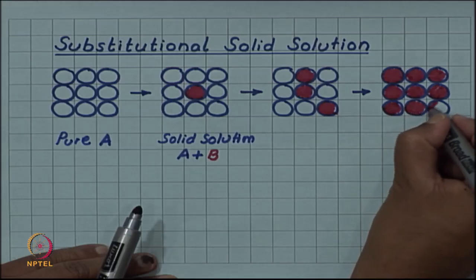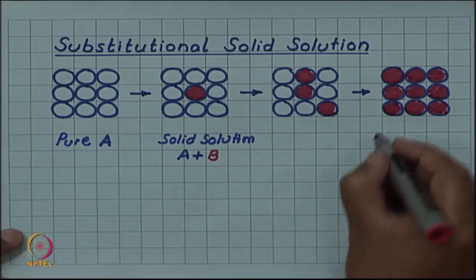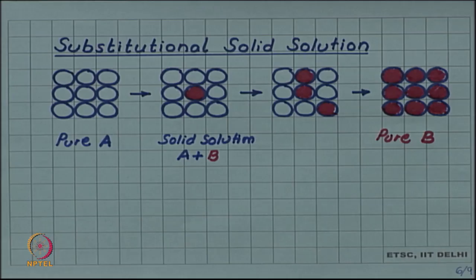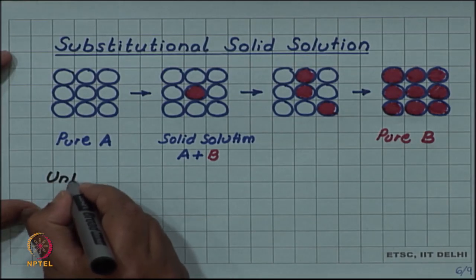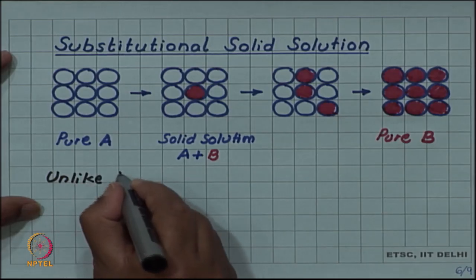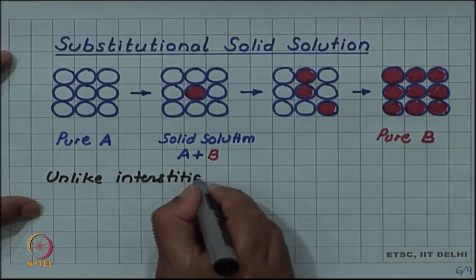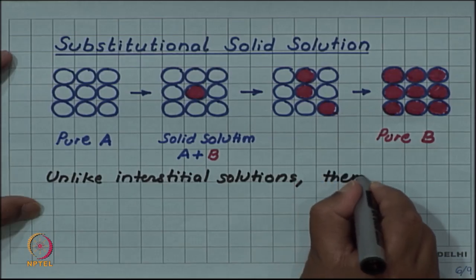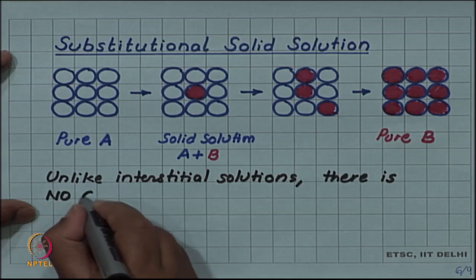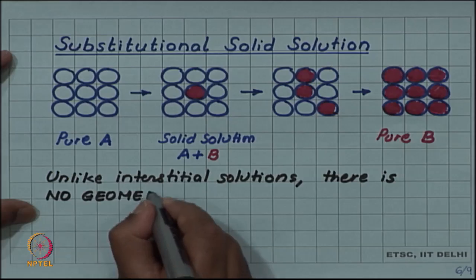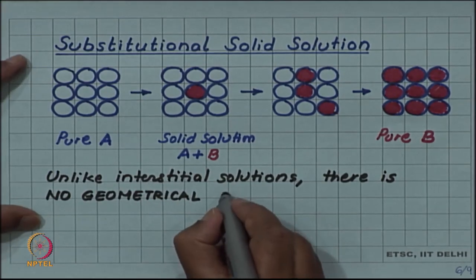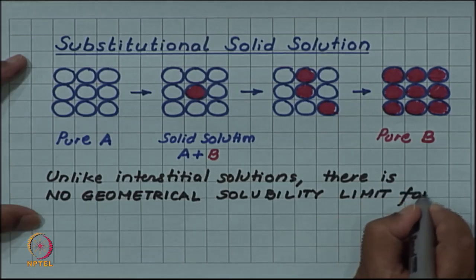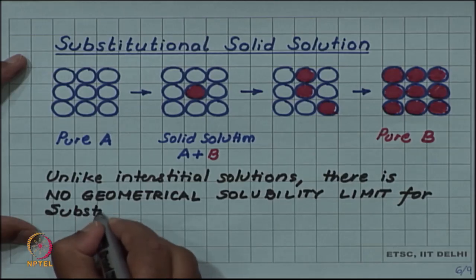I can, at least in principle, substitute all the atoms and get to pure B. So, the conclusion is that unlike interstitial solution, there is no geometrical solubility limit for substitutional solution.